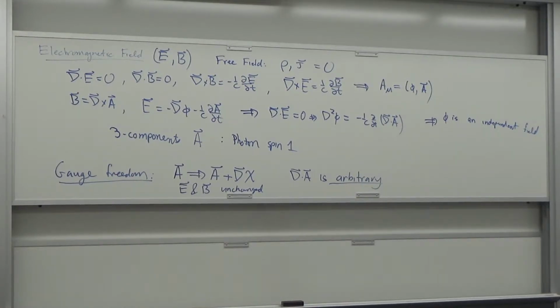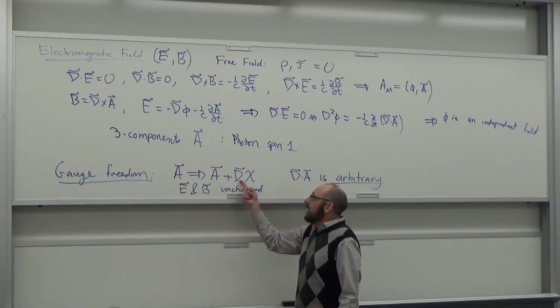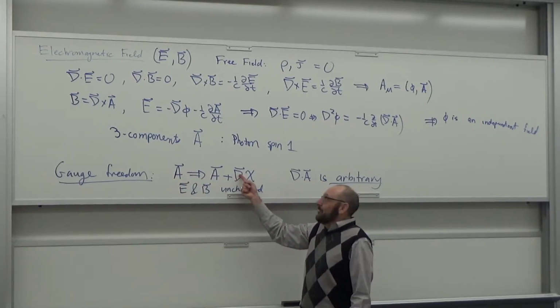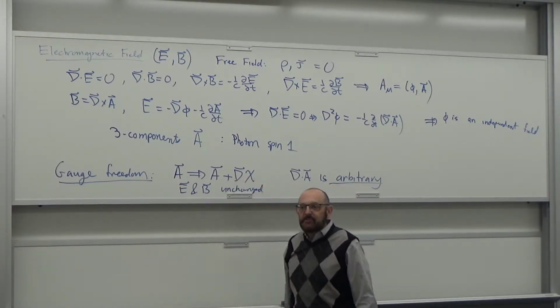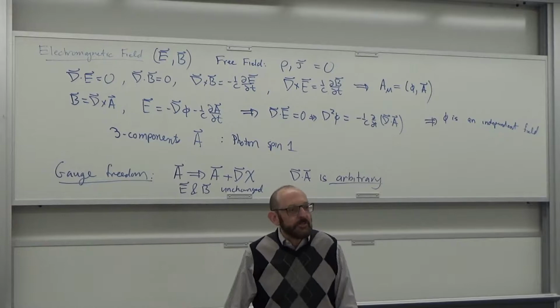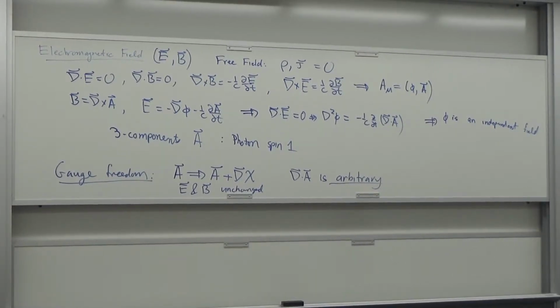The curl of A determines B and affects E. But the divergence of A depends on the Laplacian of chi, and I can make the Laplacian of chi anything I want. So fixing the gauge is equivalent to fixing the divergence of A.